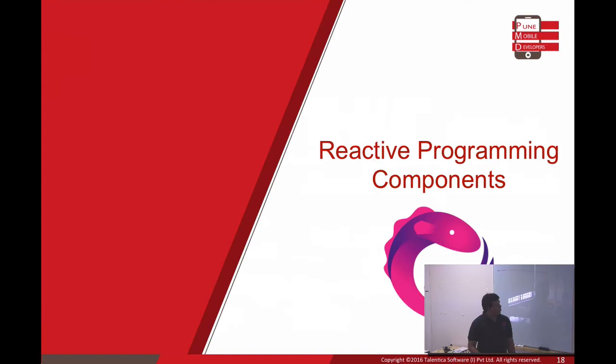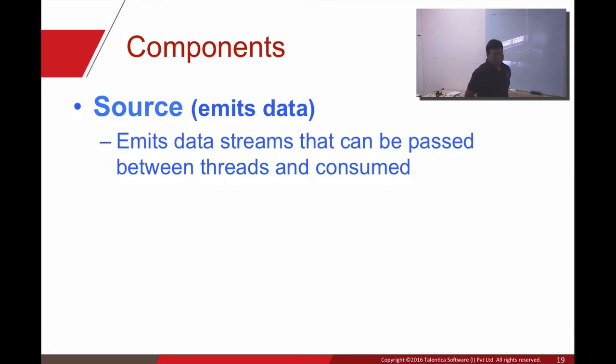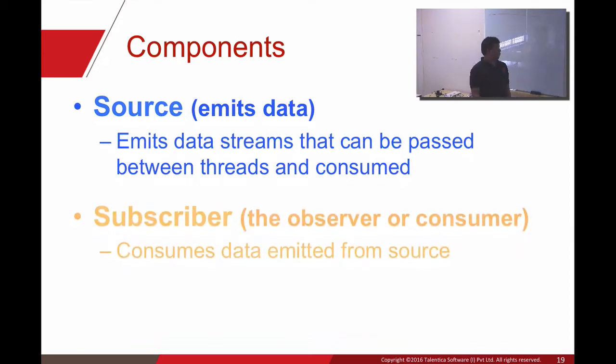Okay, so let's see some of the components of reactive programming. There are basically three major components of reactive programming. One is source, of course, something that emits data, and this data can be passed around between threads, or it can be consumed directly. And there is a subscriber.